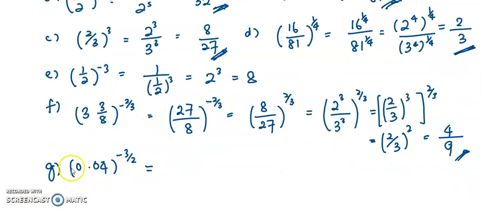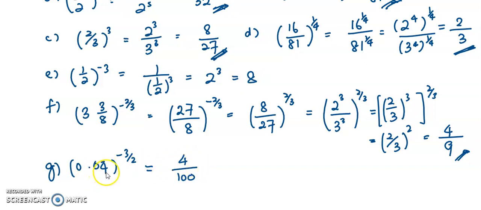For question G, you can see that it gives you a decimal number. A decimal number is very hard to simplify, so we need to change this into a fraction. 0.04 you can write as 4 over 100, because you just shift the decimal point 2 places.